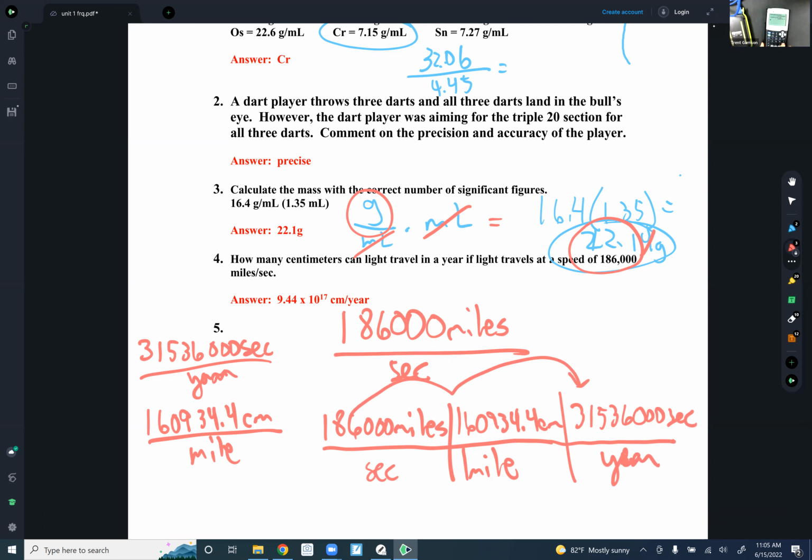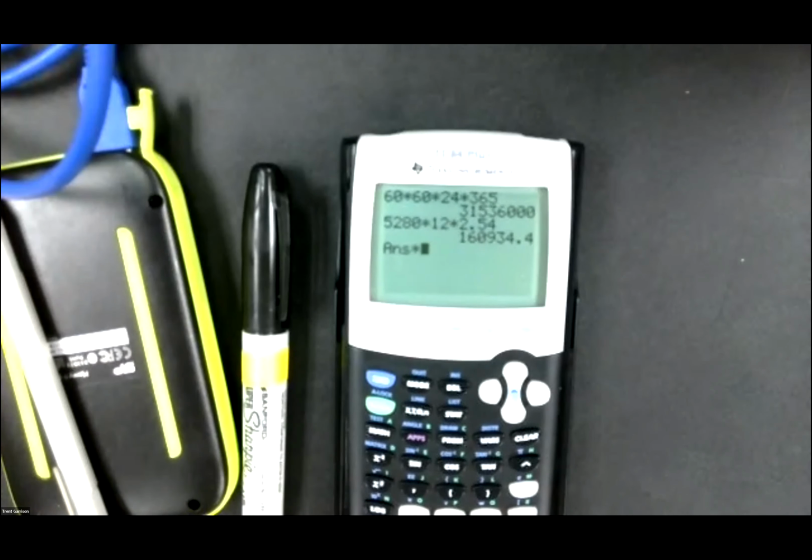So over here on my calculator, let's stop the sharing here so I can actually do the math. Writing the stuff down so I can see it whenever. That's one of the flaws of this program here. All right, stop sharing. There's that screen now.